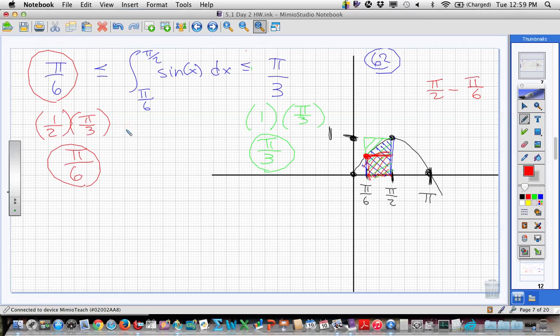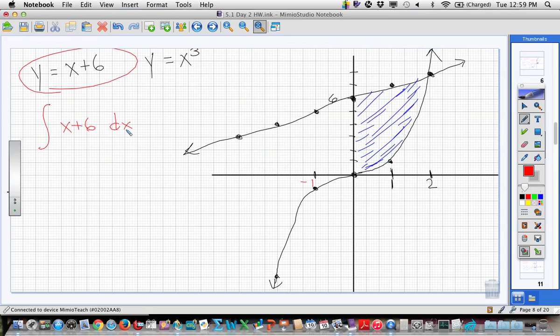Sketch that area in red. She didn't know what she was volunteering for when she volunteered. Pretty good. Okay, that is good. All right, now in green.